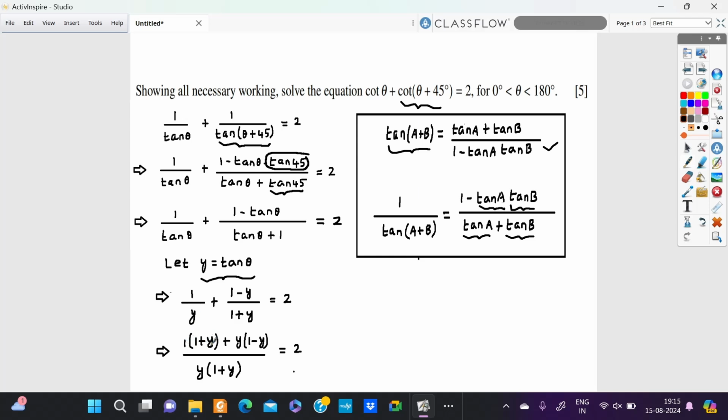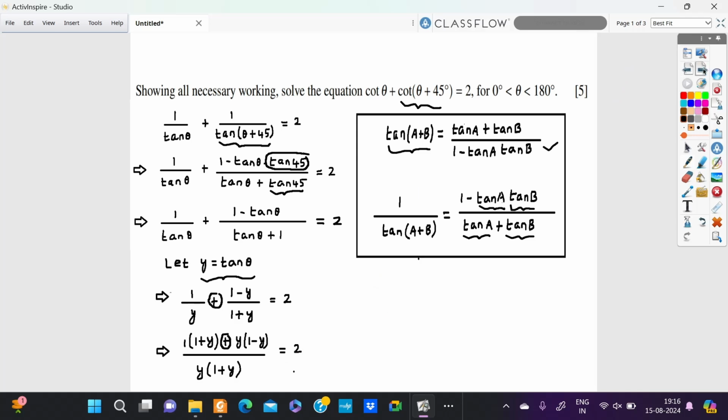So 1 times 1 plus y, plus: if you compare the second denominator with the least common multiple, this 1 plus y should be multiplied with y. So the numerator also should be multiplied by y. So you have y times 1 minus y. So now we have a fraction which says 1 times (1 plus y) plus y times (1 minus y) divided by y times (1 plus y), which is equal to 2.